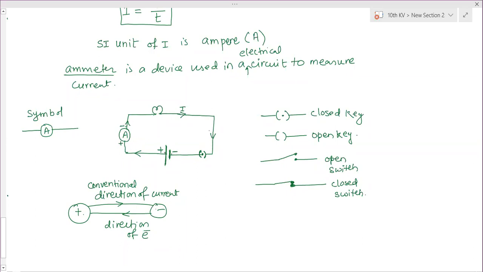When we are connecting the devices in one path, one after the other, connected in one single path of the current, then such connections are called series connections, series combinations.